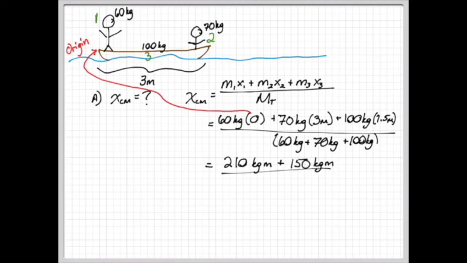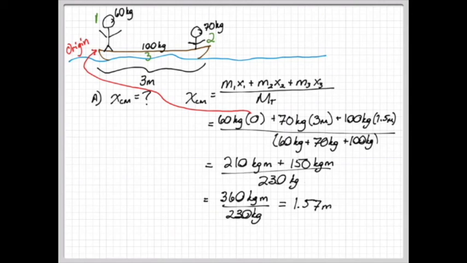And then the total mass is 60 plus 70 plus 100. Okay, so we'll crunch all this out and we'll find that the center of mass is located at, 360 divided by 230 gives us 1.57 meters from the left end.